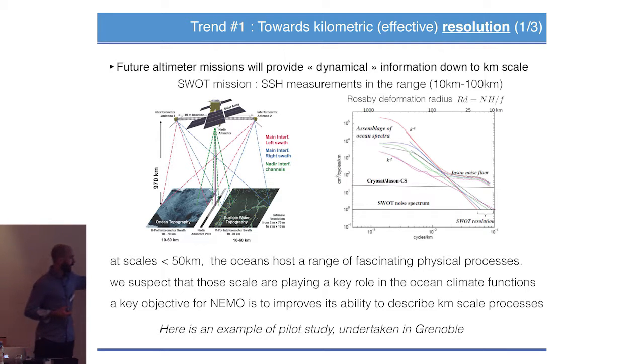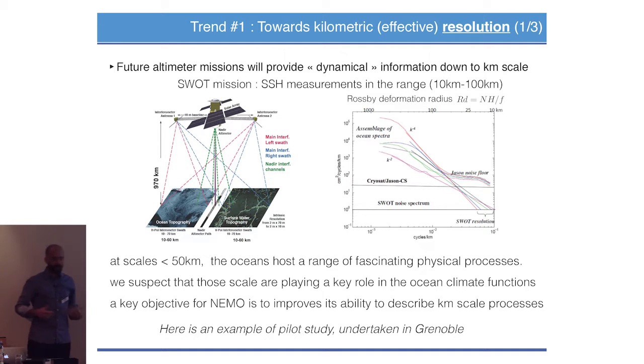And from an ocean dynamics point of view, you know that at scales smaller than 50 kilometers in the ocean, there are a large range of physical processes that are fascinating to the oceanographer, and that we suspect are playing a key role in some climate functions of the ocean, for absorbing heat from the atmosphere, for allowing kinetic energy to transit from the large scale to the small scales in the ocean. So we'll observe that with SWOT, or at least we'll get some hints of it.